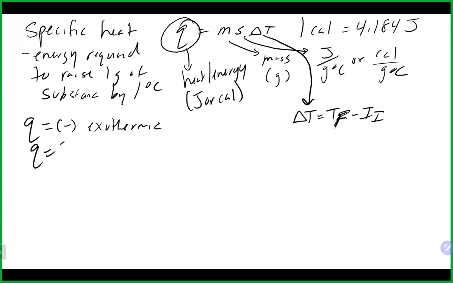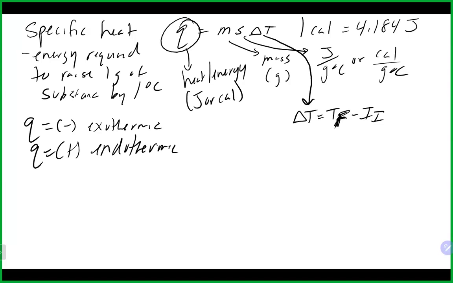And if Q is positive, it is endothermic. So when you do your final minus initial, it's important to do it that way because if you get a negative, it's really important in terms of the energy value. So whenever you're calculating any type of energy value, if it's positive, it should be positive. If it's negative, you should leave the negative in there.